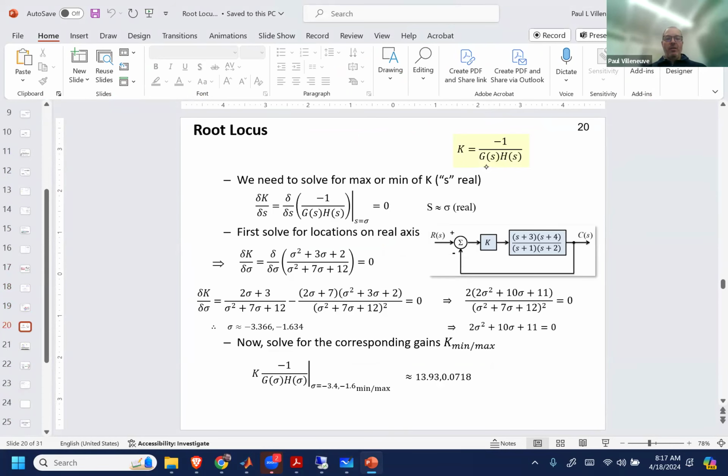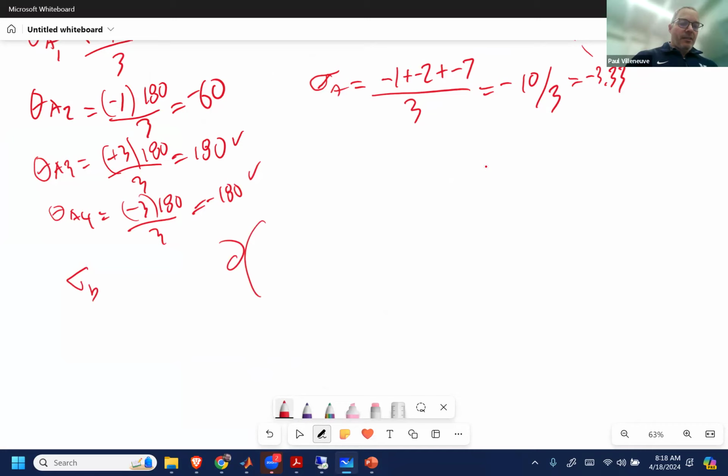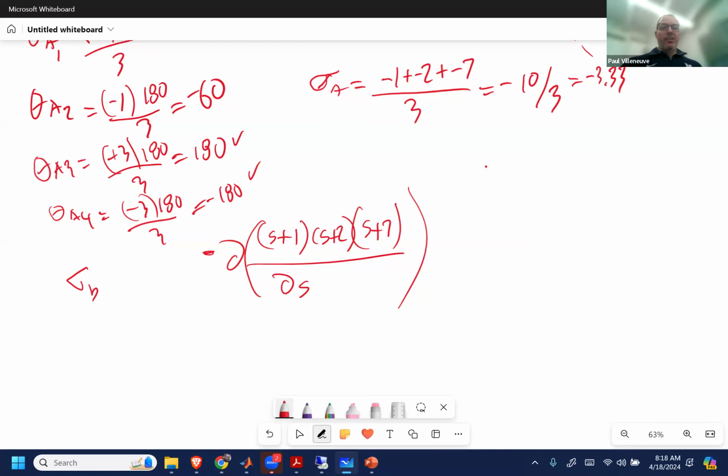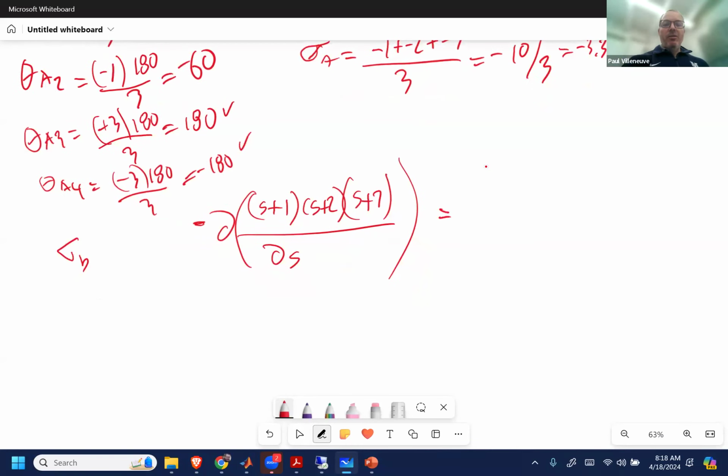So we're going to take the partial derivative, sigma, of 1 over s plus 1 times s plus 2 times s plus 7, with respect to s, right? And I have to take the negative of that. So I'll put the negative here. So all I'm doing is taking the partial derivative of this. So let's see, that's going to be equal to negative. I'm going to move it out front.